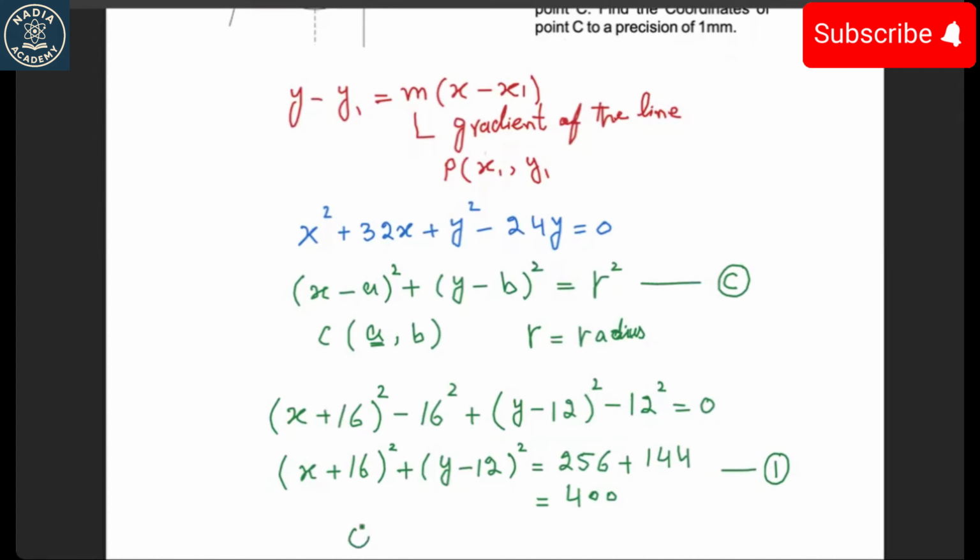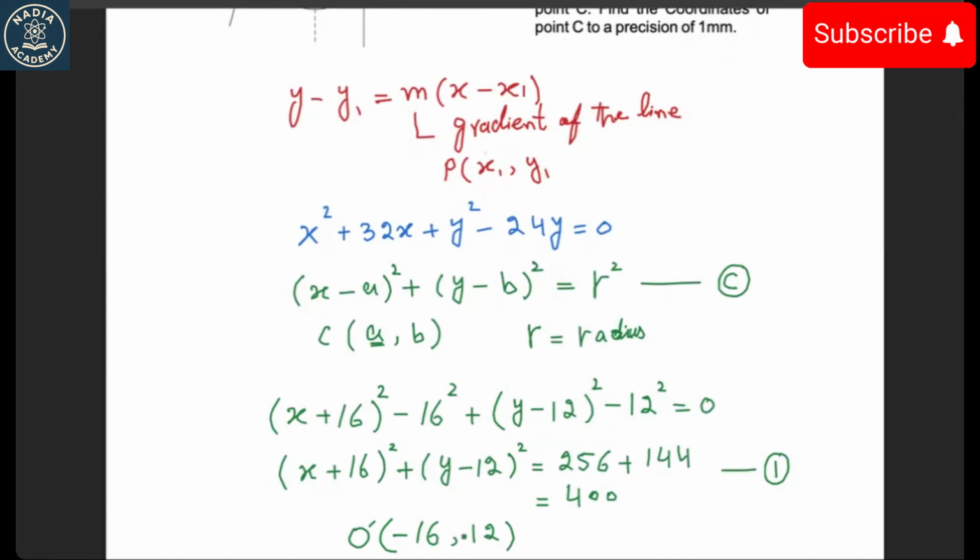And we have given the name O prime to the center of our circle. Then the x coordinate of O prime is negative 16. So here we must have y minus b, and we have y minus 12. So b, meaning the y coordinate of the center of the circle, is 12.